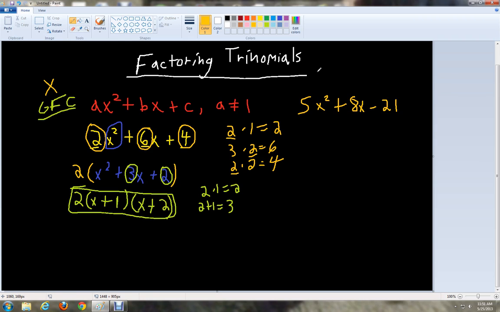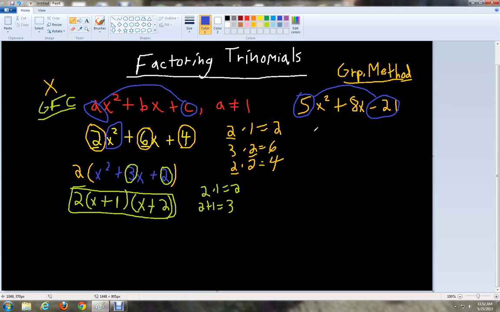And this will be what we call the grouping method. So I'll just abbreviate GRP method. So this is called the grouping method. And what the grouping method tells us to do is to multiply 5 times negative 21, multiply the a term times the c term.